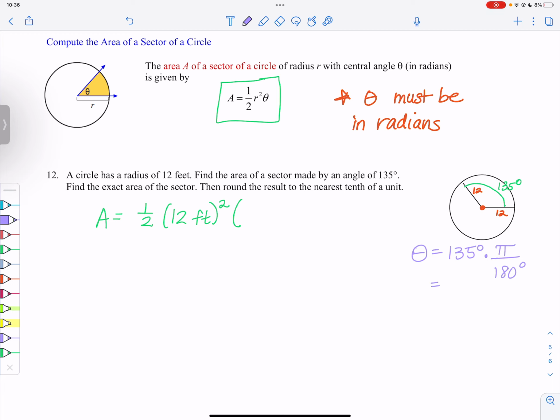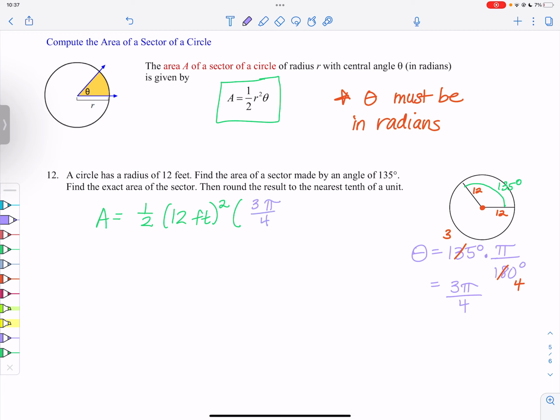And you can reduce that. This comes out to 3 over 4. And we end up with 3 pi over 4. So that's what we're going to put right over here.